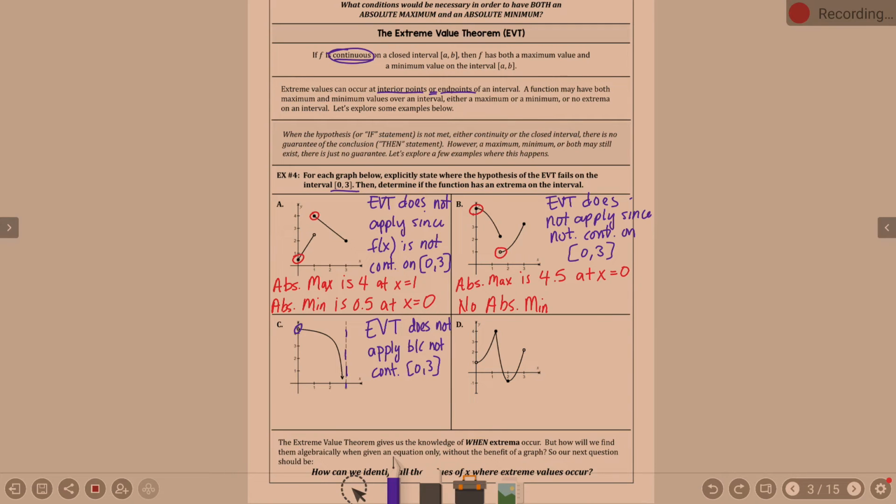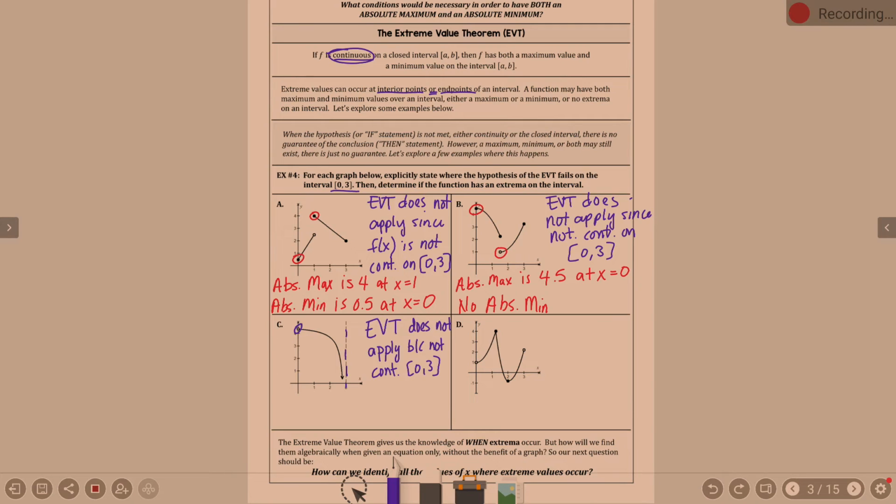So have we even written what we're going to write if it does apply? Are we going to write something different when it does apply? Well, on this one, we're basically just talking about why the extreme value theorem would not apply, looking at the continuity. But still realizing that there are often, not always, still mins and maxes.